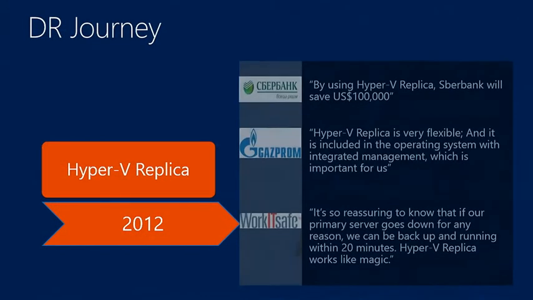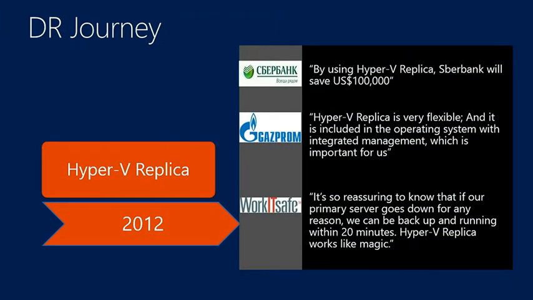Anyway, we released Hyper-V Replica as part of Windows Server 2012. And we've actually had a really good uptake of it. We're really happy. We've been seeing a lot of positive feedback and a lot of excitement around this feature. I've got a couple of customer quotes here.